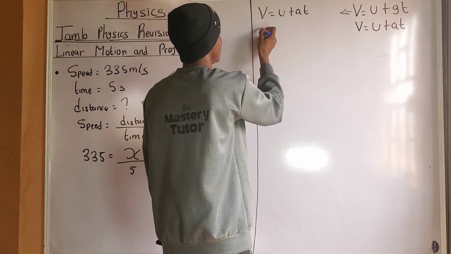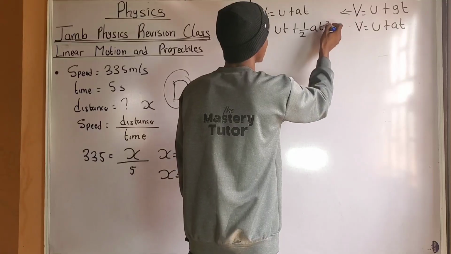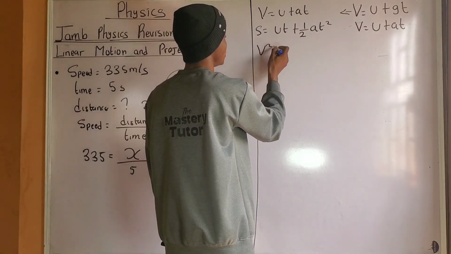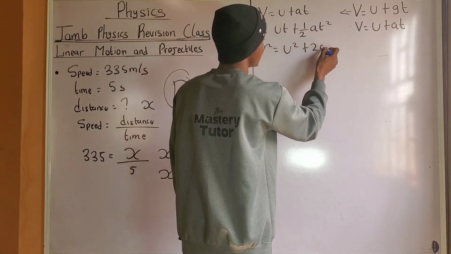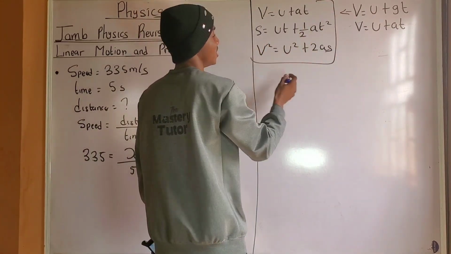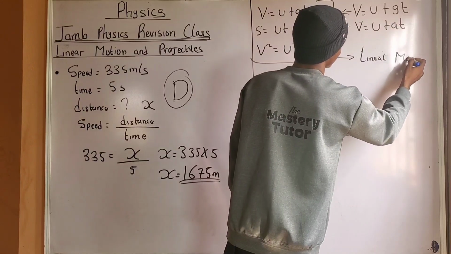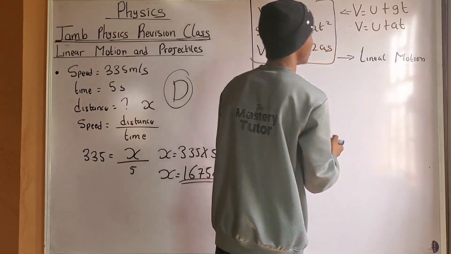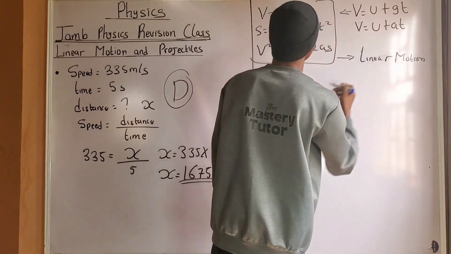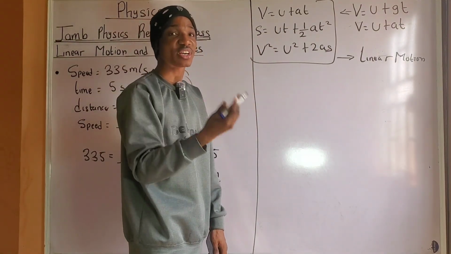The second one, S equals to UT plus 1 over 2 AT squared. The third one, V squared equals to U squared plus 2AS. Now, when we are talking about all these 3, they are linear. Are you getting it? Linear motion. Equation of motion. Are you getting it? Linear. Okay. Now, we have the second version called equation of motion under gravity.